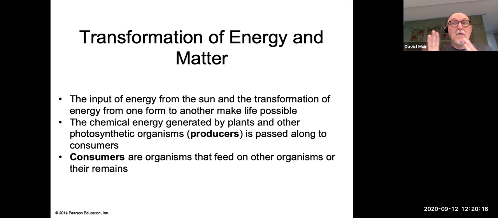All of our ecosystems depend on the fact that plants are able to use the sun's light. They're able to convert sunlight into chemical energy. It's an absolutely incredible process, and without it, everything would grind to a halt.